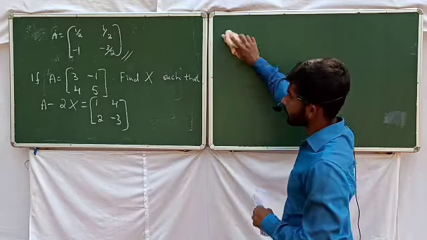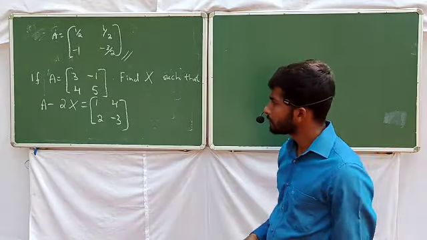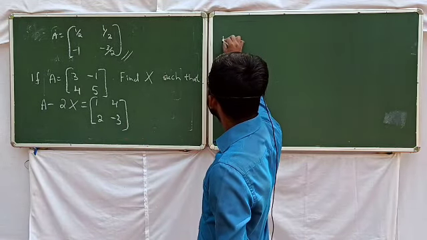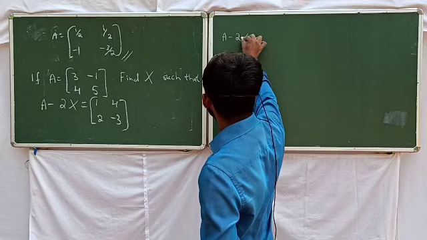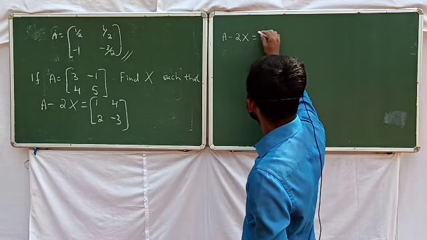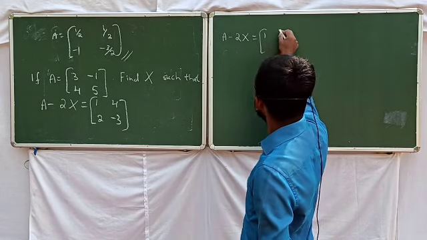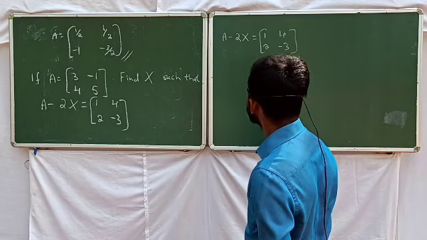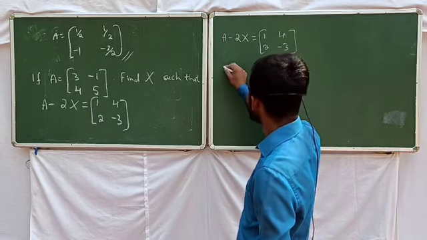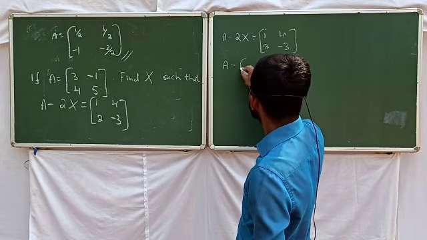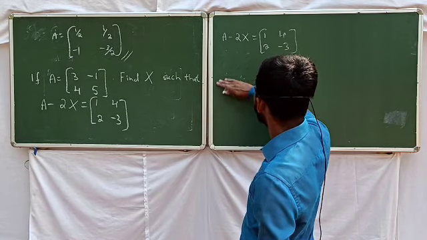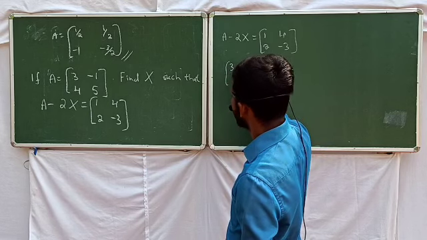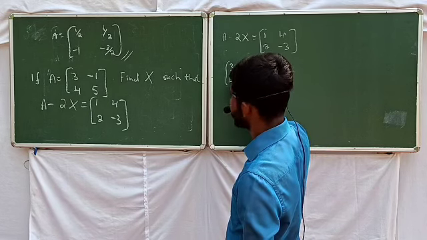Okay. See, first consider the equation a minus 2x is equal to 1, 4, 2, minus 3. Simplify this one. We want x value, right? So a minus matrix, substitute value. What is a value? 3 minus 1, 4, 5.